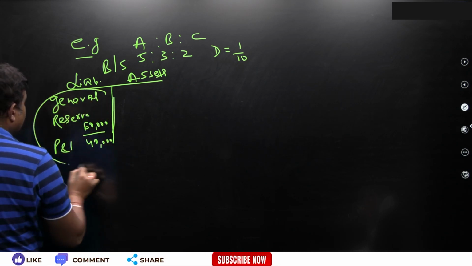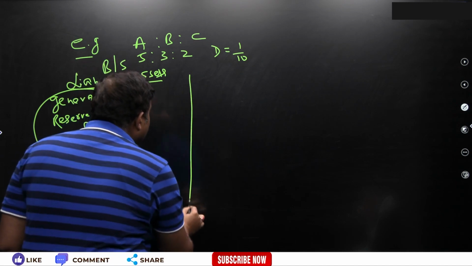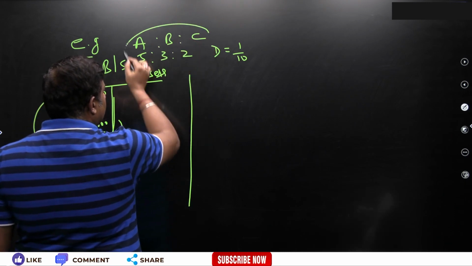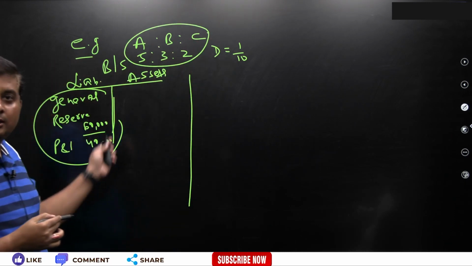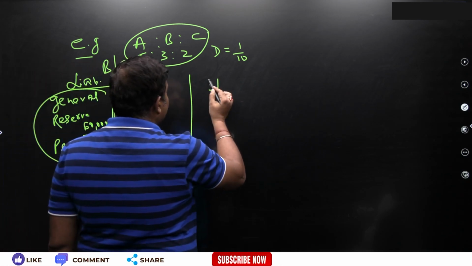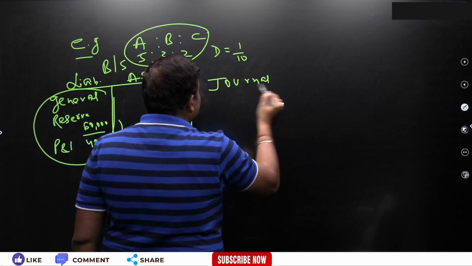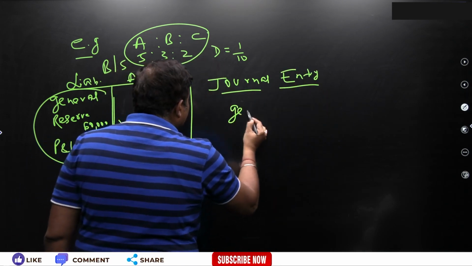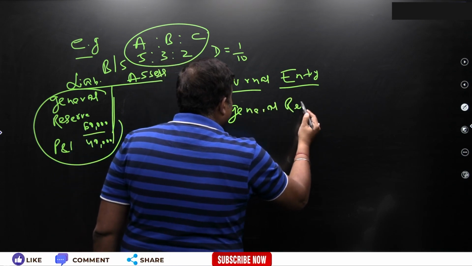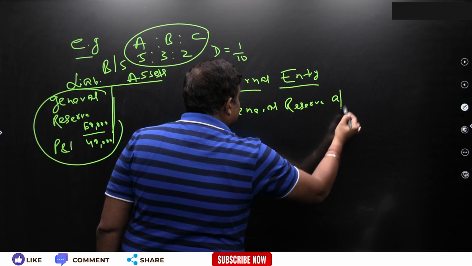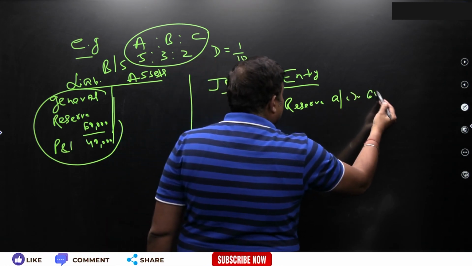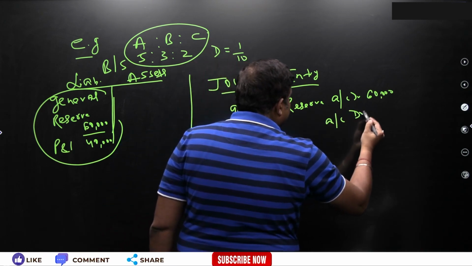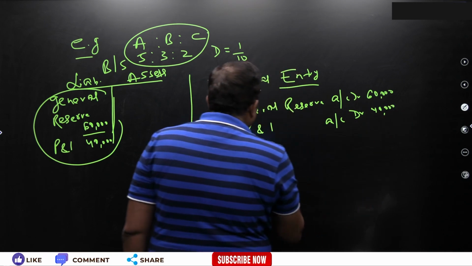So these are the accumulated profits and reserves. This has to be distributed between the old partners in their old profit and loss ratio. Strictly to the old partners, because this reserve has been created by the old partners only. So the journal entry is: concerned reserves, that is general reserve account debit 60,000 and profit and loss account debit 40,000, to the old partners.